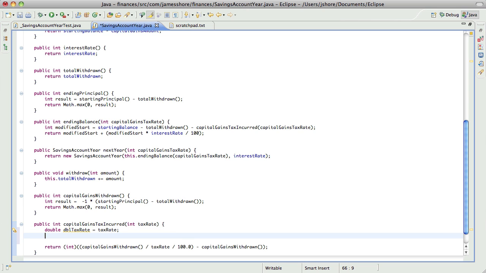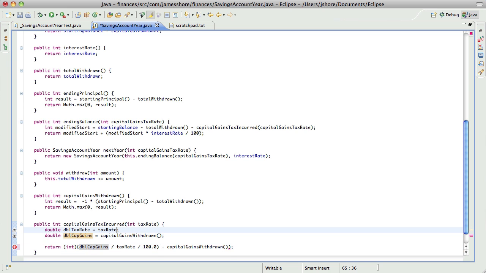Tax rate, yes, exactly. Okay, is that going to work? Maybe.